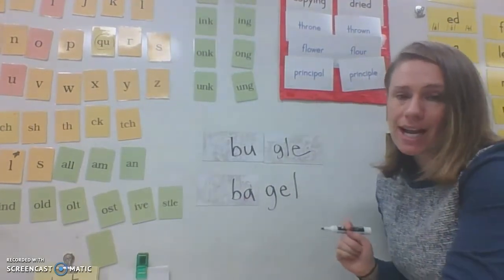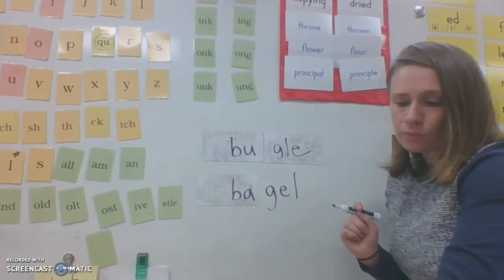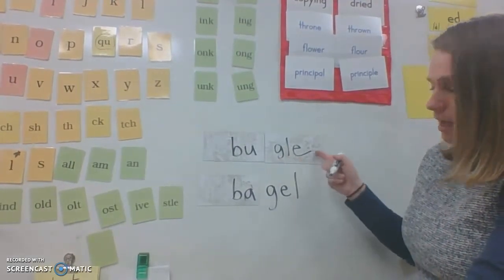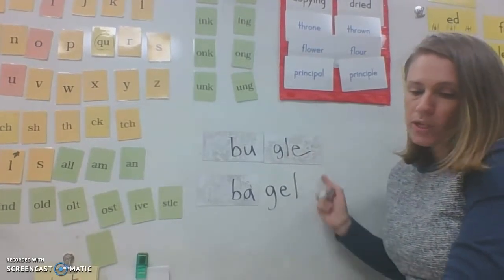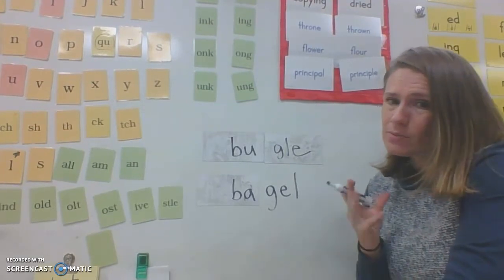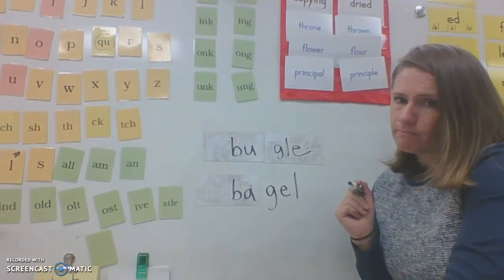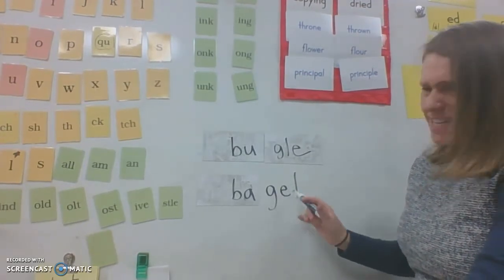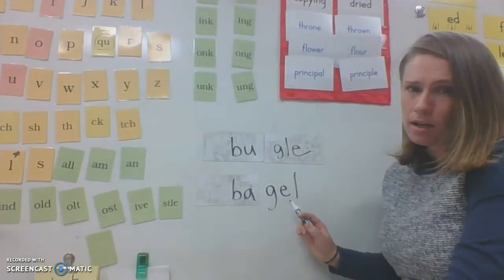Which of these words has a consonant LE syllable? Look at the second syllable. Which one's consonant LE? Yeah, bugle. Which word has a schwa where the vowel sound seems to disappear? Bagel, right? The E kind of disappears in that schwa.